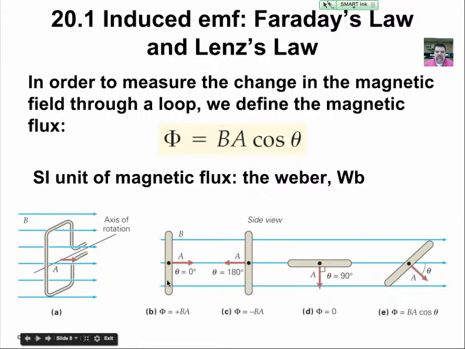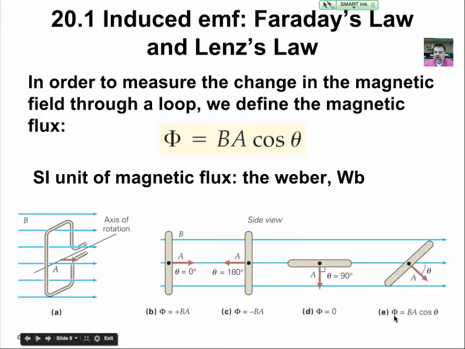So for our angle theta, which is the measure, we can have 180 degrees or 0 degrees. And then here, if the loop is parallel to the field, then we would have 90 degrees. And then if it's not perpendicular or parallel to the field, whatever the angle is from the direction of the magnetic field will give us some sort of answer.